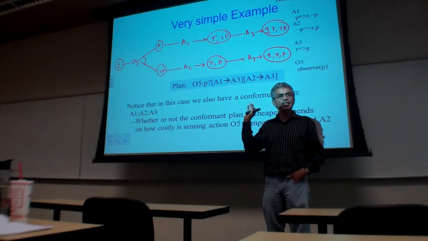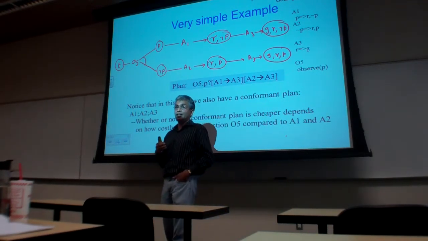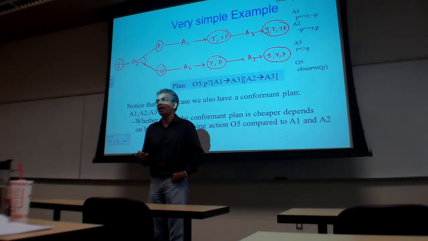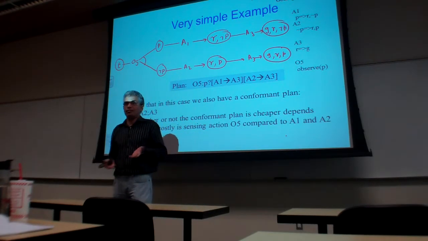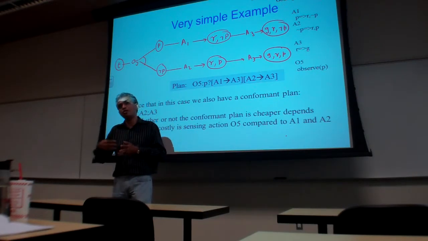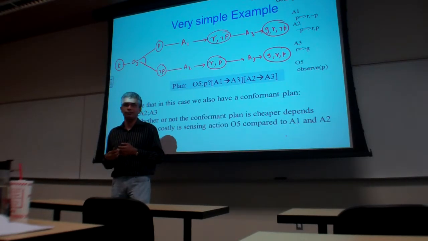So this is what I was saying. Sometimes for a given problem, there are both conditional and conformant plans. Which one you pick depends on your costs. For example, if the sensing is costly, then you might go without sensing. You see what I'm saying?